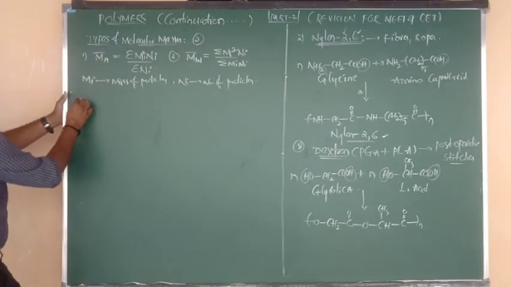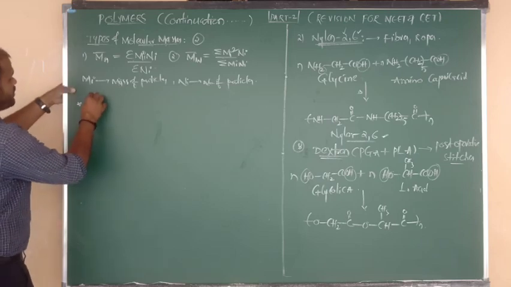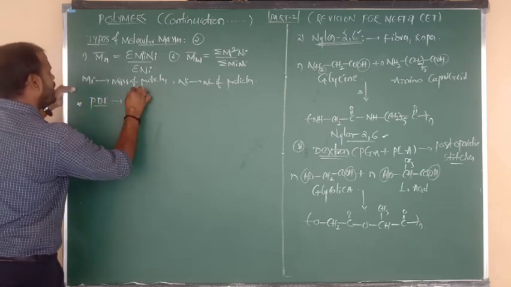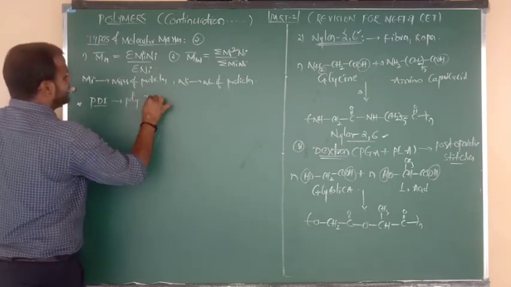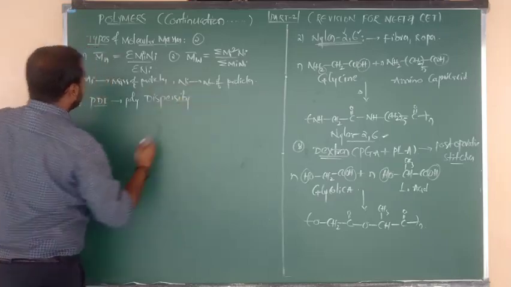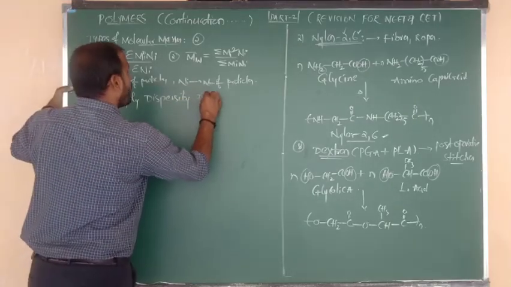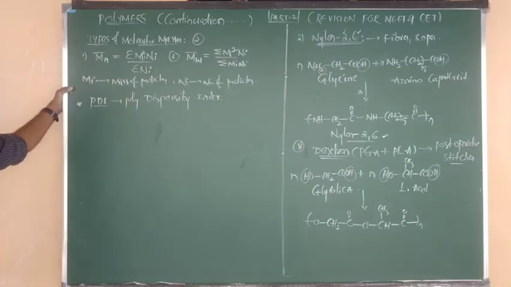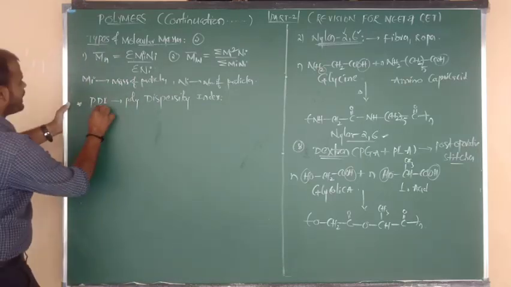Next, based on these two topics, one small important point. What is meant by PDI? P indicates poly, D indicates dispersity, and I indicates index: polydispersity index. Questions are repeated from this. How to calculate PDI?